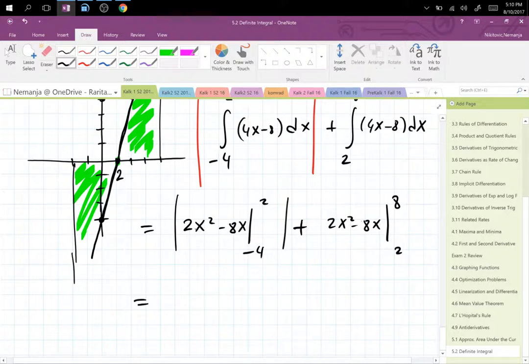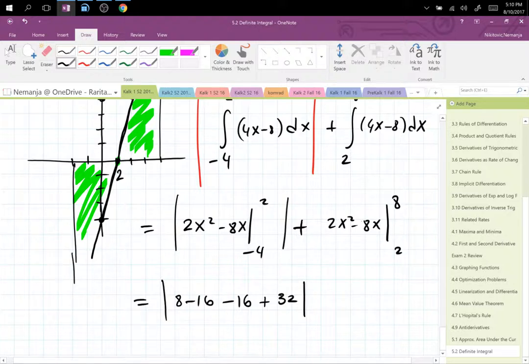Plug in 2, that's 8 minus 16, minus another 16, and then minus and minus gives us plus 32. Plug in 2: 2 squared is 4 times 2 is 8.